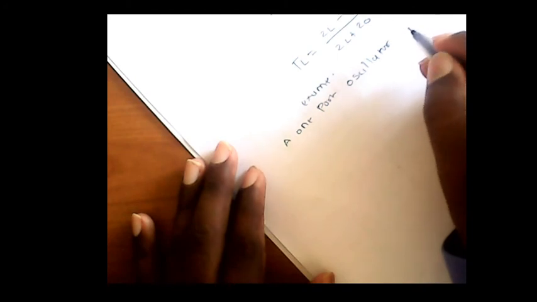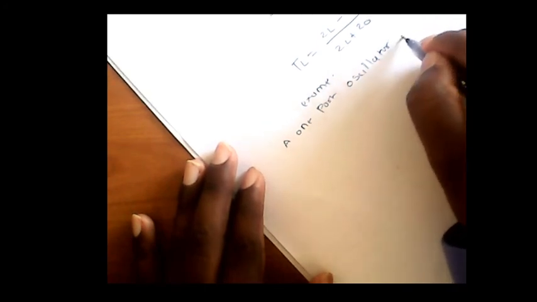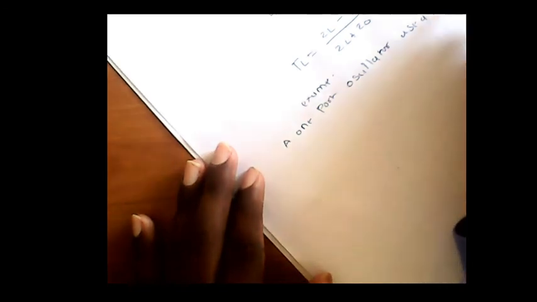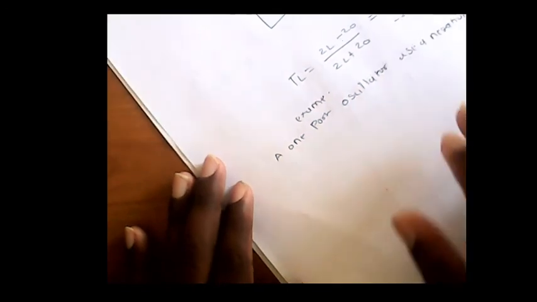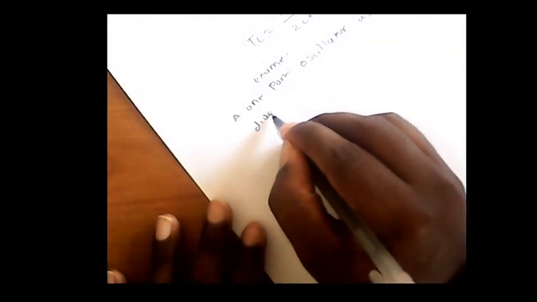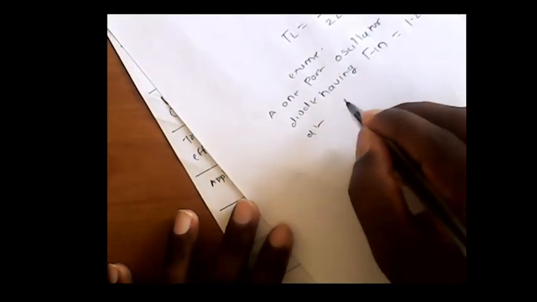A one port oscillator uses a negative resistance diode having gamma in equal to 1.25 angle 40 degrees and characteristic impedance of 50 ohm at its desired operating point for a frequency f equal to 6 gigahertz.